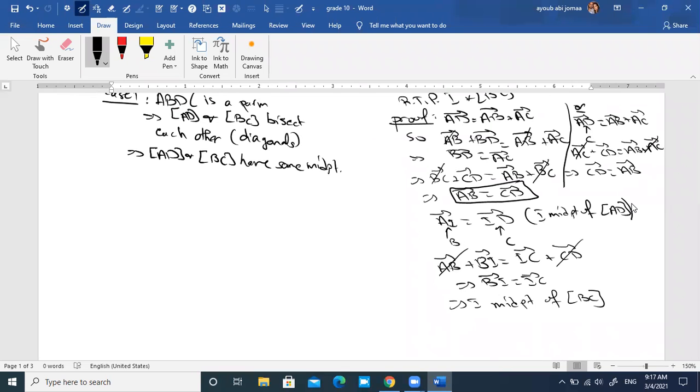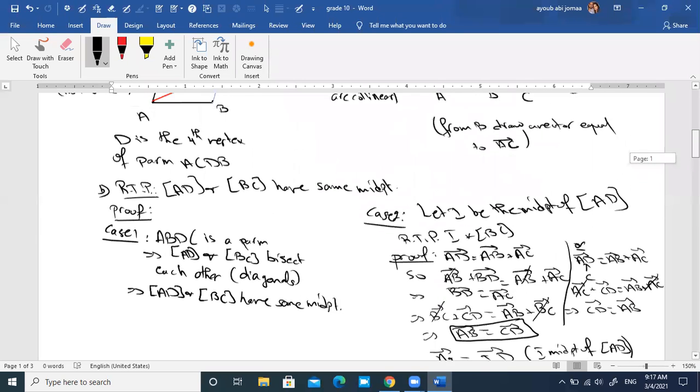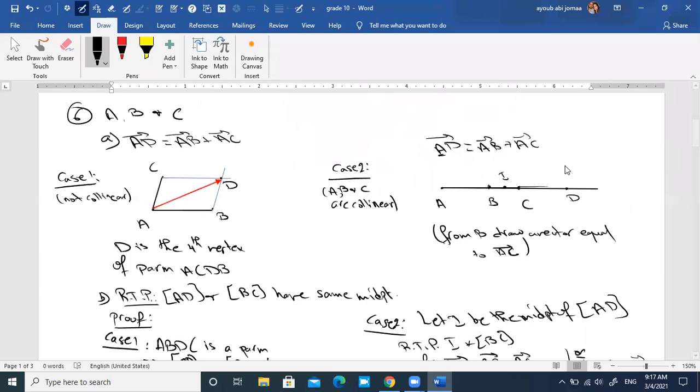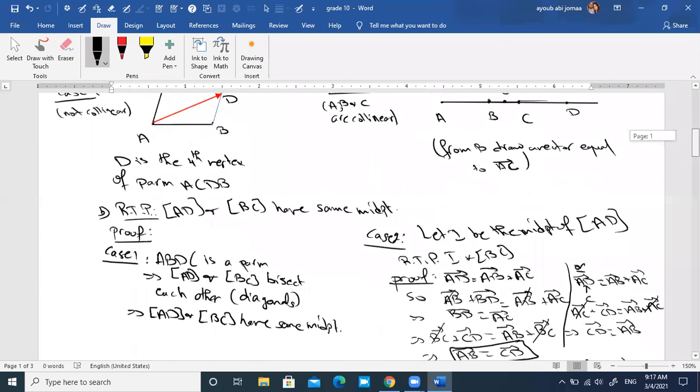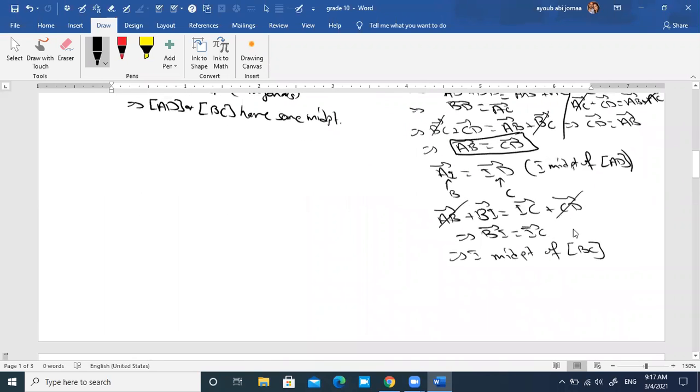Then you get AB plus BI is equal to IC plus CD. But AB is equal to CD, then they cancel out each other. It means that BI is equal to IC, then I is the midpoint of BC. Therefore, AD and BC have the same midpoint as required.